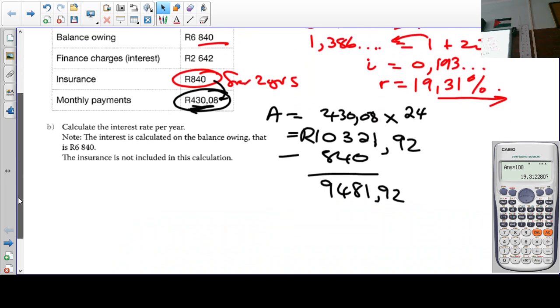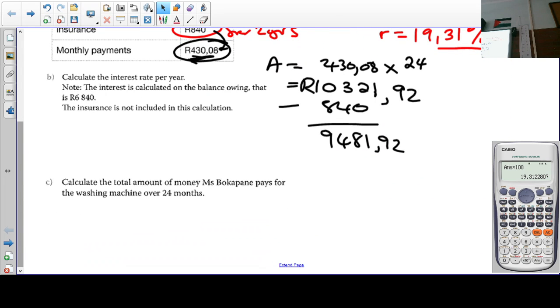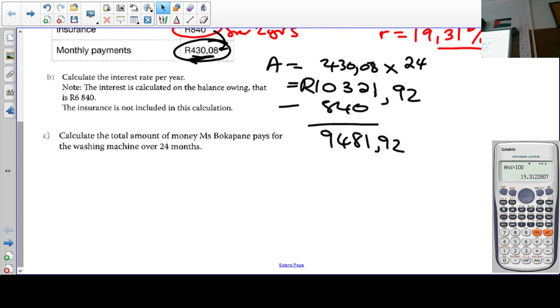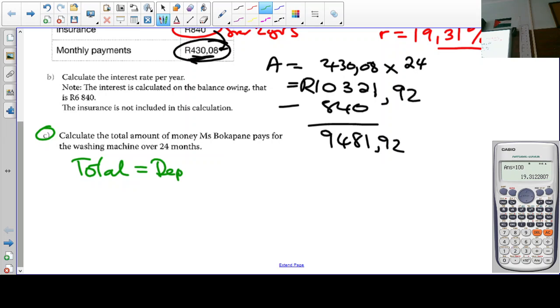And then the last question, in C, we are asked to calculate the total amount of money that this person pays for the washing machine over 24 months. So the total is equal to your deposit plus your total monthly installments.